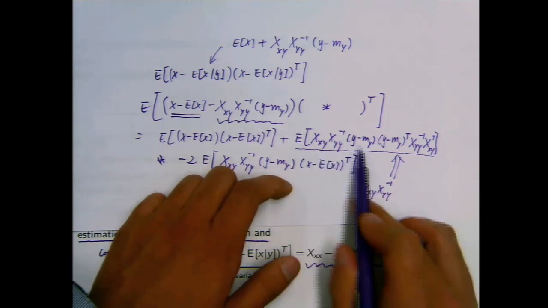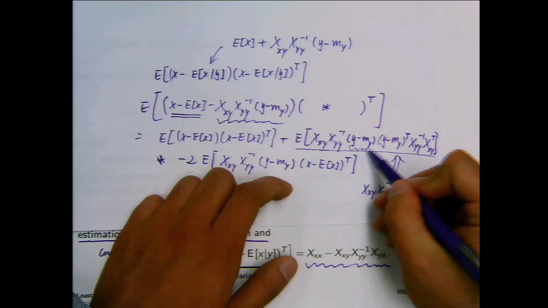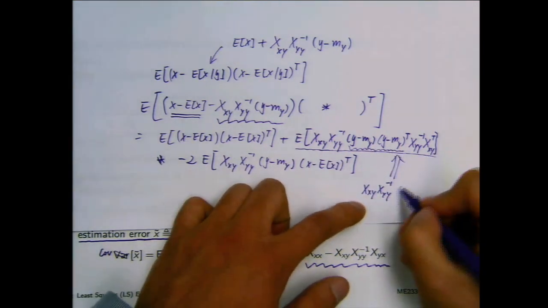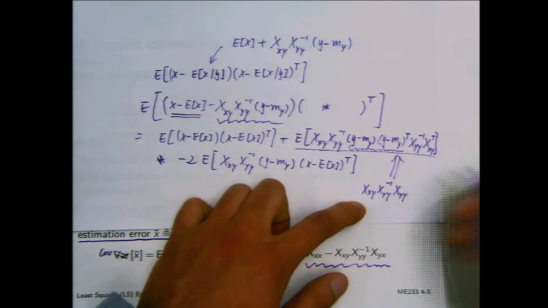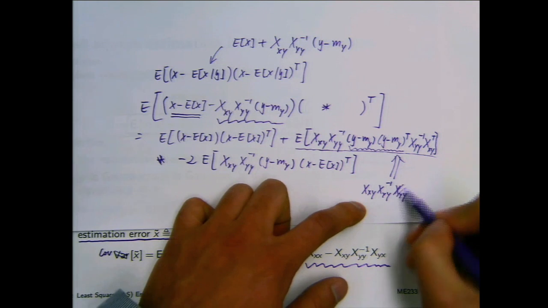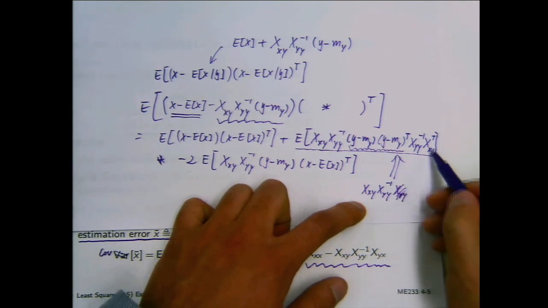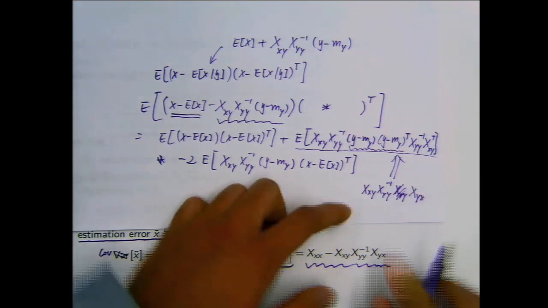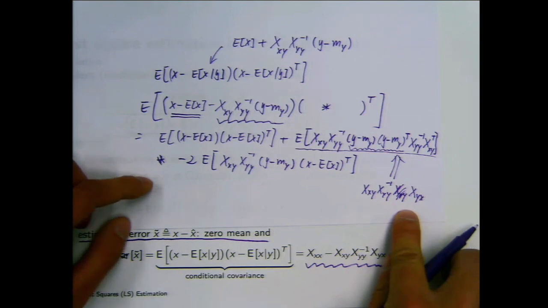What's the expected value of this middle term? It's the covariance of y, Σyy, right? And then there will be another Σyy inverse term. So this got cancelled. I'm going to have Σxy transpose, but Σxy transpose equals Σyx.